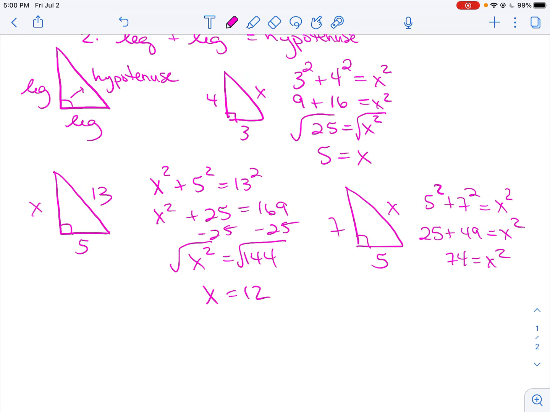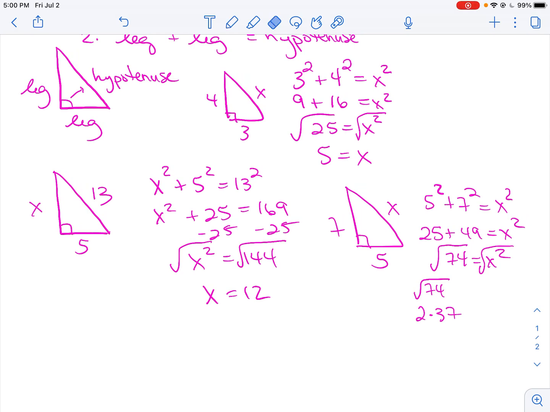Now, sometimes your teacher is going to ask for what is called an exact answer, and sometimes your teacher is going to ask for you to round to the nearest whatever. Now, when you're trying to find the exact number, you would leave it as a simplified square root. Now, 74 is the same thing as taking 2 times 37.